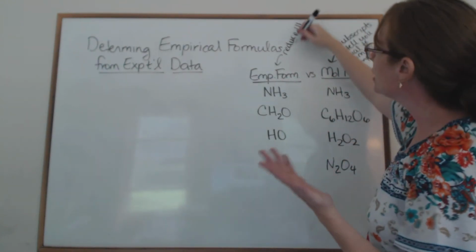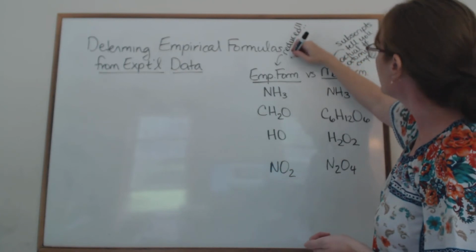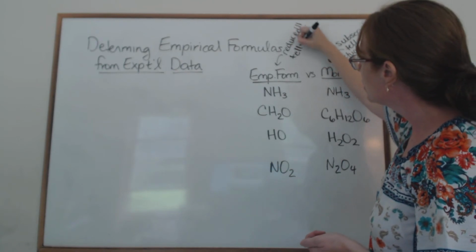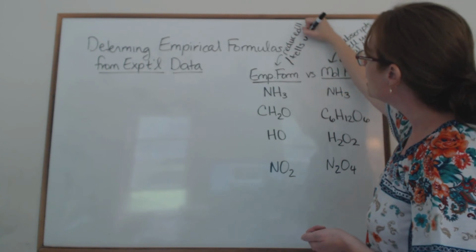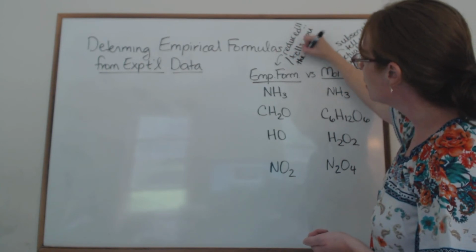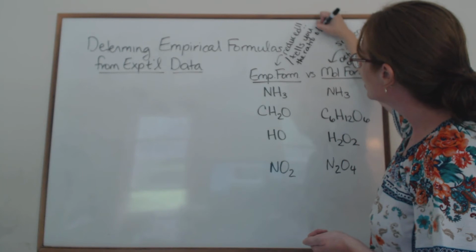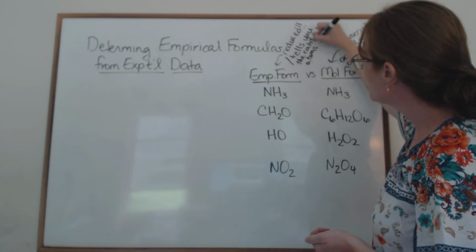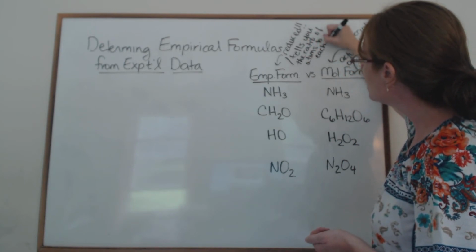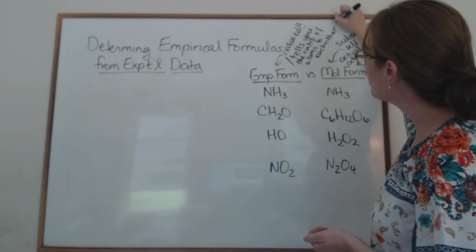Why is it reduced? Essentially, the concept here is that this formula just tells you the ratio of atoms to each other. There are some contexts where that's really helpful.